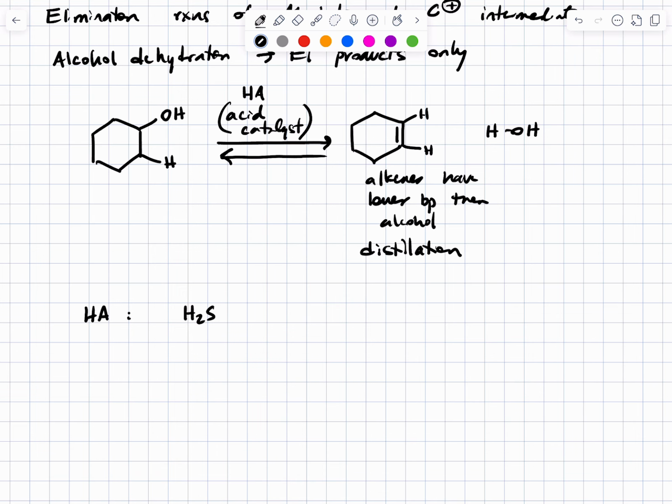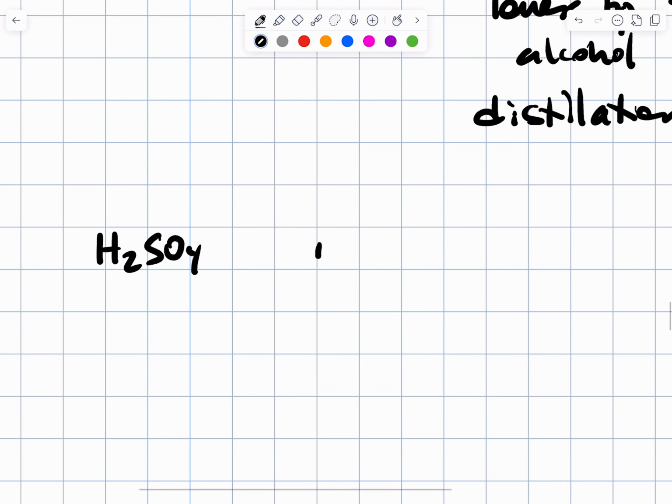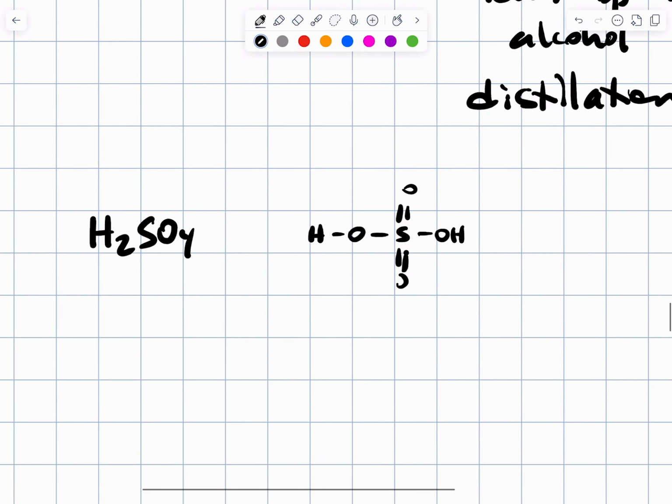So the one that your text will use is H2SO4, sulfuric acid, which you learned about in Gen Chem. We can draw the Lewis structure of sulfuric acid this way. It's got 2 protons to lose. The first one has a very, very, very low pKa.